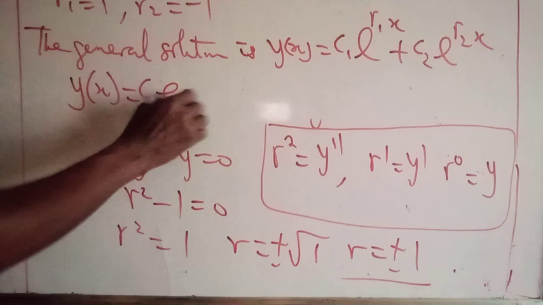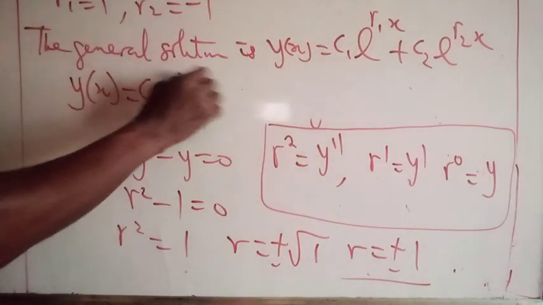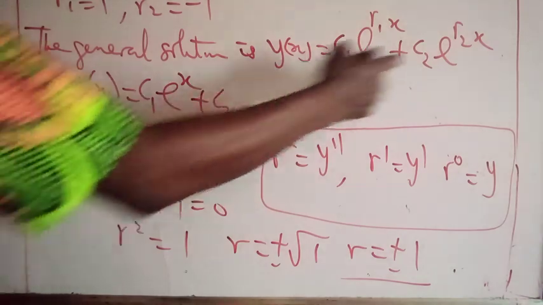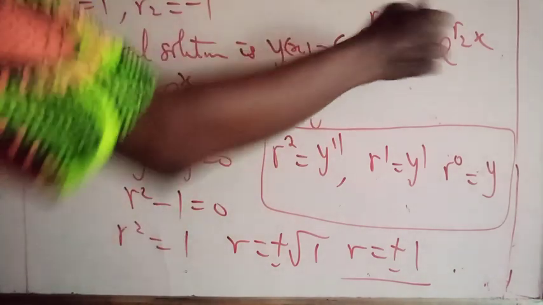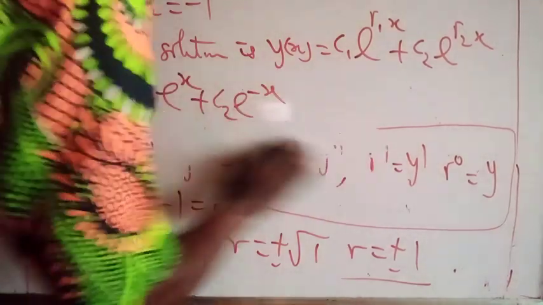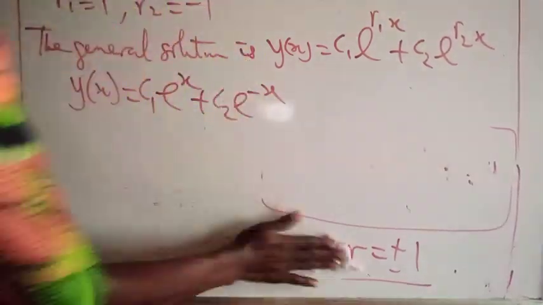Now exponential, our r1 is 1, so x, plus C2 exponential, our r2 is minus 1, so minus x. So this is the general solution. We have gotten the general solution for that problem.